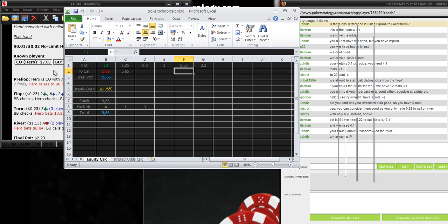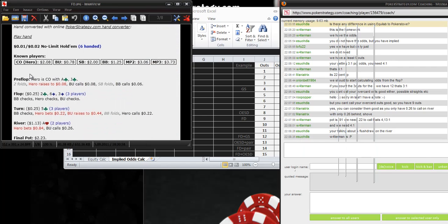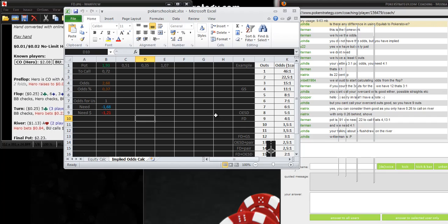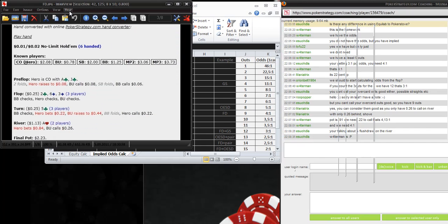I mean not the implied odds, we are getting the odds. But for example, if we needed to calculate implied odds ourselves, I have made a small calculator in an Excel sheet, which is actually pretty easy to use, and I'm going to show you how we can use it.